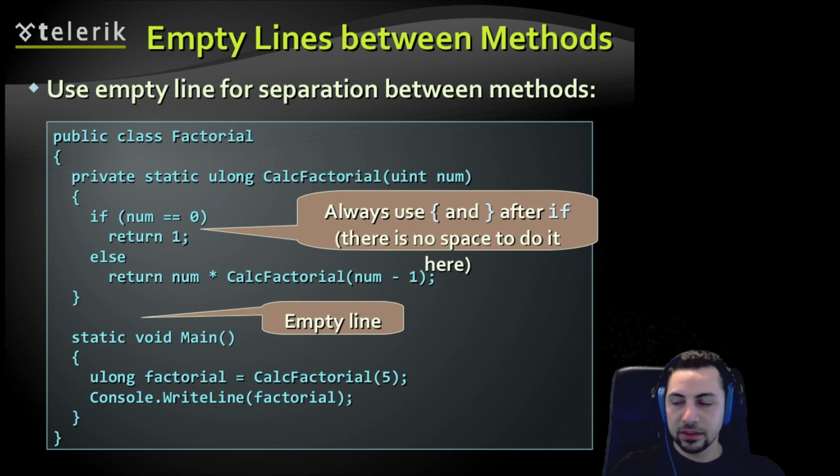The reason is because if you come back and add a line later, you might forget the squiggly brackets, and then bad problems occur because you think that something is doing something, specifically because you put a tab there. Therefore, you assume logically that everything that's tabbed to that level is in fact going to be executed in that if block. But that's not the case. There have to be the squiggly brackets there.